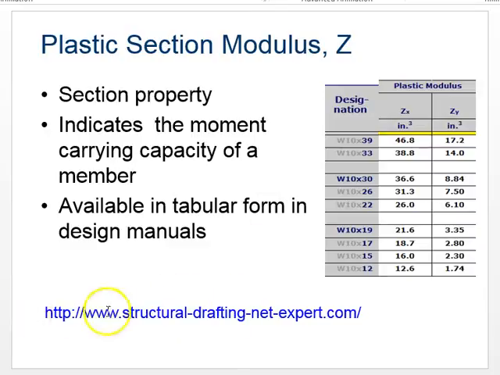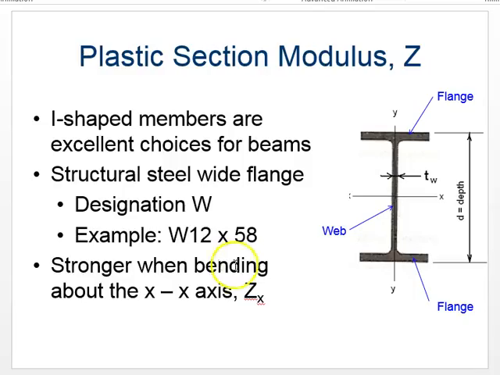You will be using this web page and this activity to look up this table and pick the correct beams that we're going to be using in our design. Most of our beams are I-beams, called I-beams because of the shape here. These ends of the beams are called flanges, and the inside is called the web.